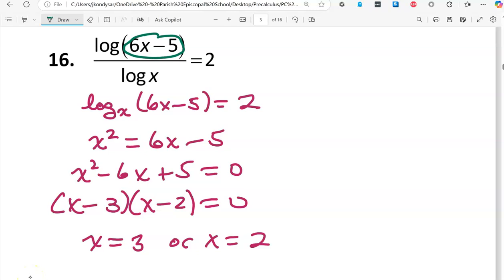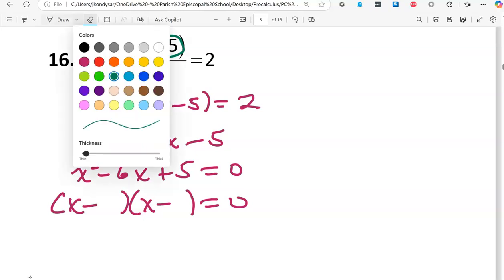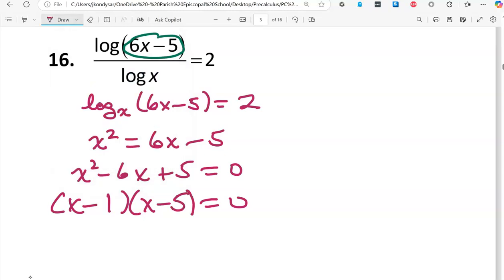Something about my solution is not making sense. And I suspect I have factored wrong here, so I'm going to go back and change this. X squared minus 6x plus 5 does not factor into x minus 3 times x minus 2. It factors into x minus 1 times x minus 5. So that's going to give us solutions of x equals 1 or x equals 5.